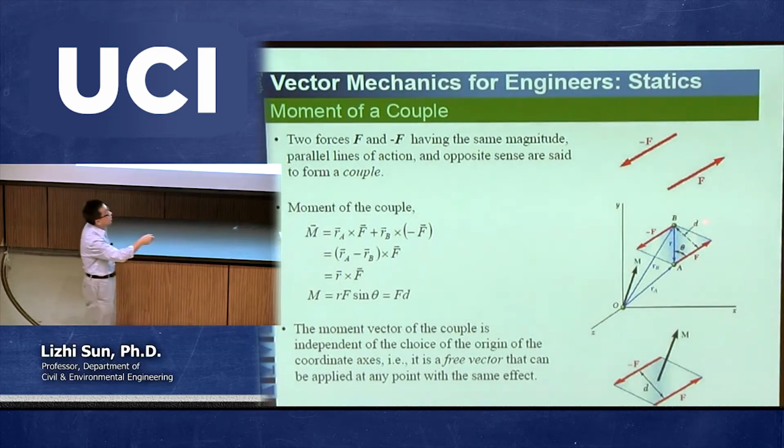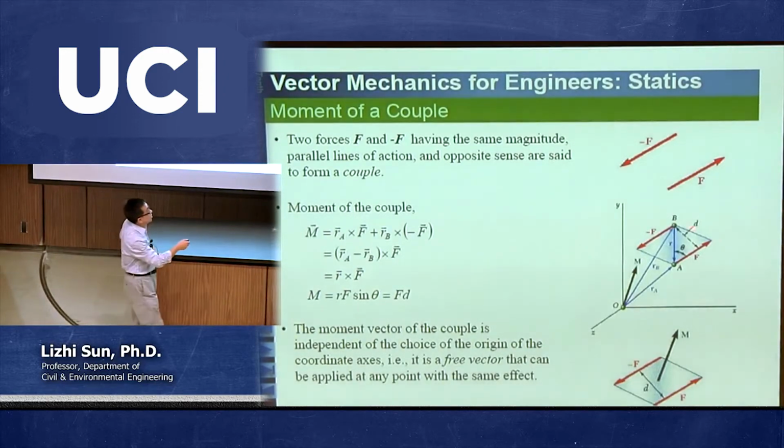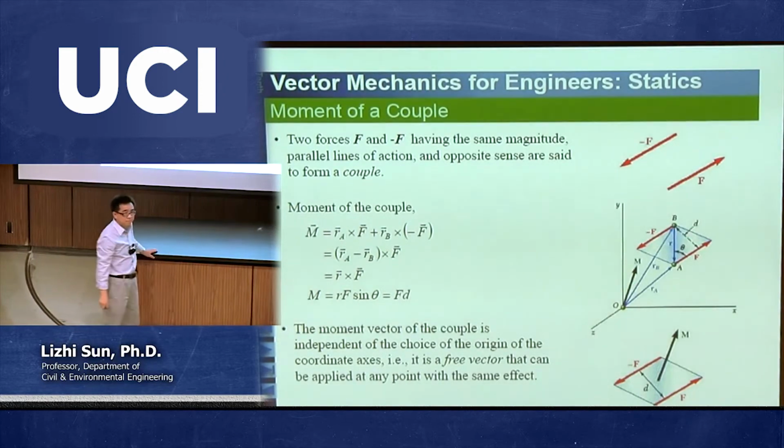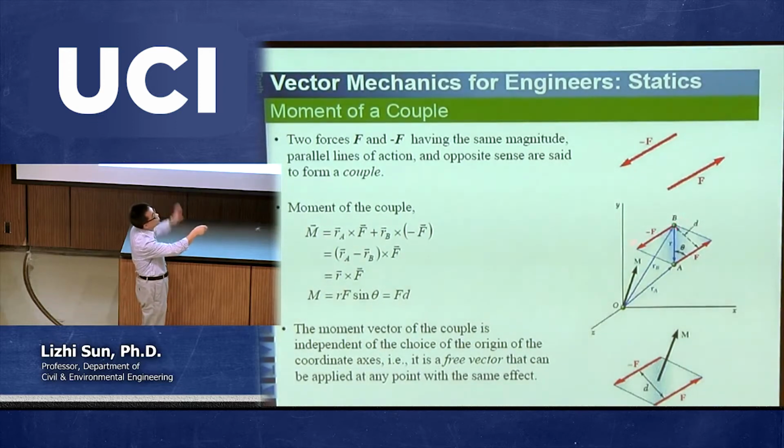So what is this D? It's also called a short distance, but this time it's the short distance between two parallel lines. If we have two parallel lines, then the short distance is fixed, so you don't need to worry about from which point you want to shoot. You can choose any point, and then you can find out the short distance between these two vectors, because they are all parallel.